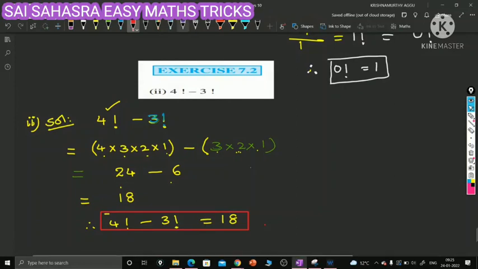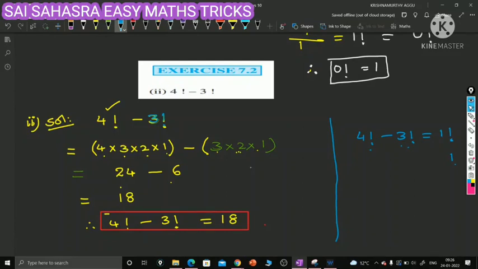One thing I wanted to tell you, my dear students, some students are having confusion, wrong interpretation. 4 factorial minus 3 factorial is 1 factorial, sir. They will think, is it right? 1 factorial means 1. 4 factorial minus 3 factorial gives us something other than 1.